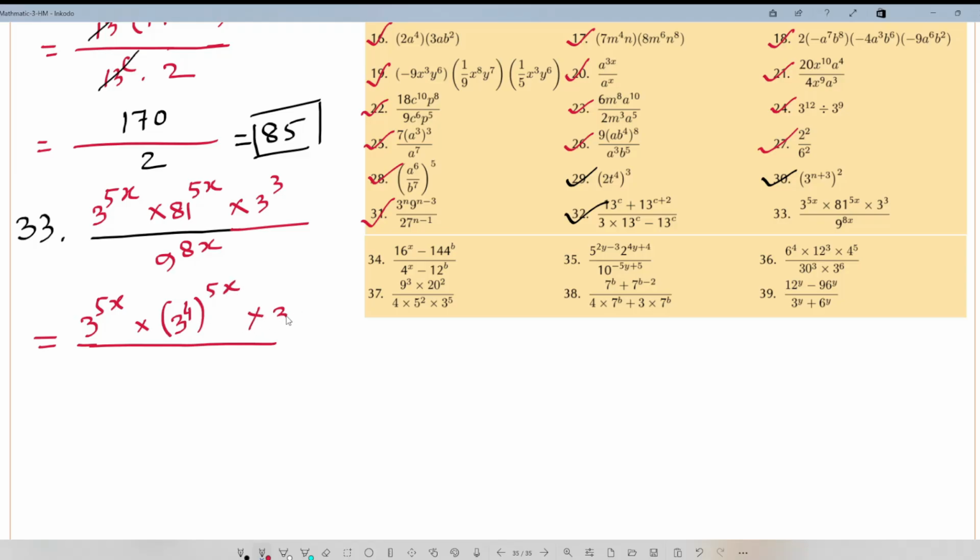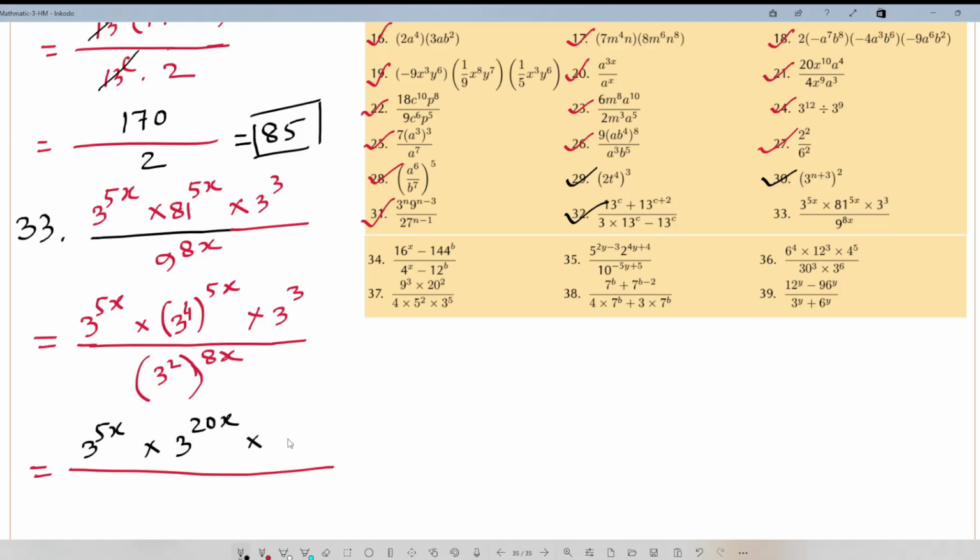Then 3 cubed, and this 9 we can write 3 squared to the power 8x. So here is 3 to the power 5x times 3 to the power 20x, then 3 to the power 3, and here is 3 to the power 16x.